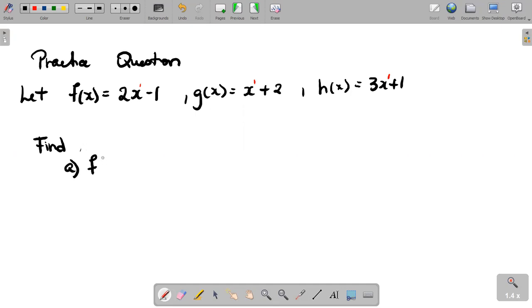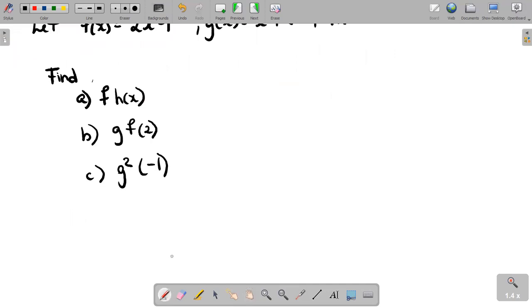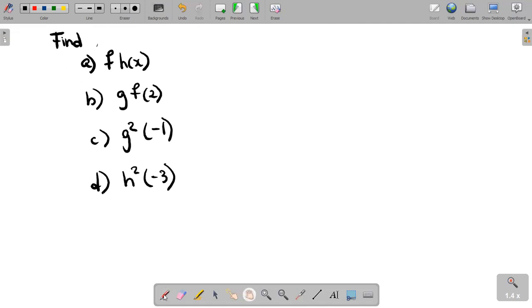We're gonna find f of h of x. B, we're gonna find g of f of 2. C, we're gonna find g squared of negative 1. D, we're gonna find h squared of negative 3. E, we're gonna find f squared of 0.